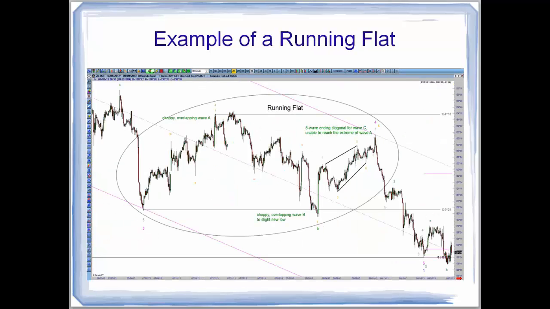The running flat is more rare than the expanded flat and is identical to an expanded flat, except that the C wave can't quite reach the extreme of the A wave.